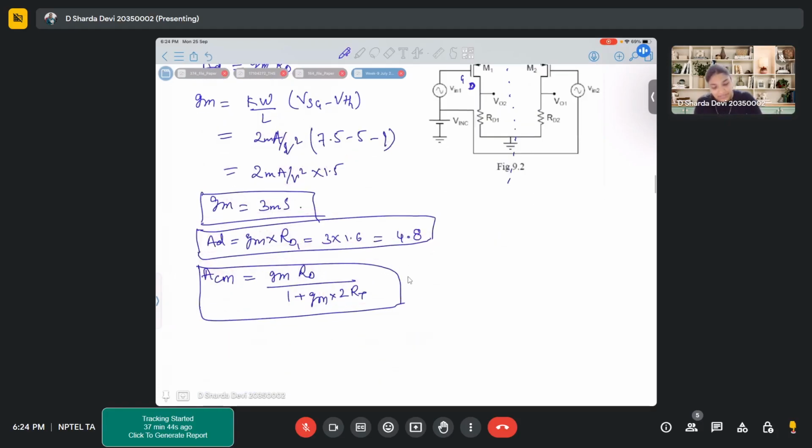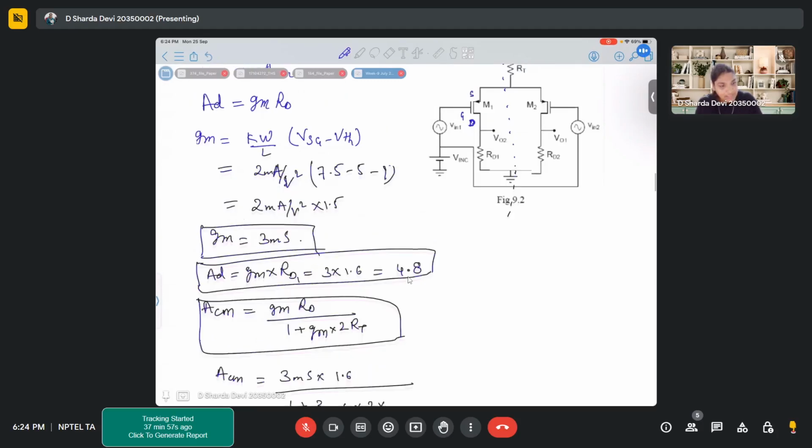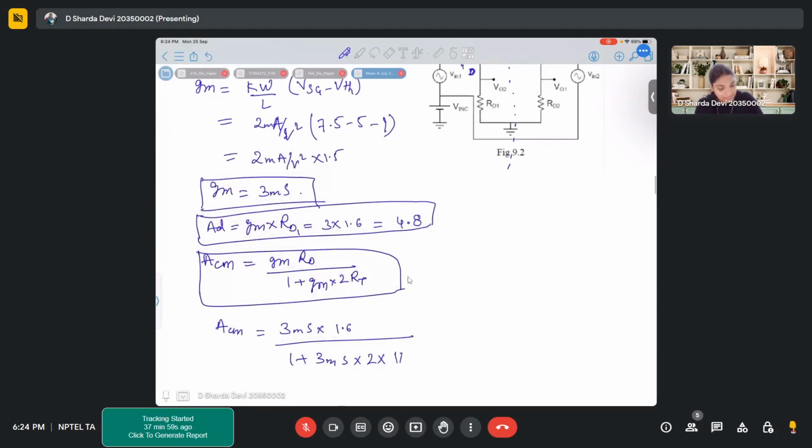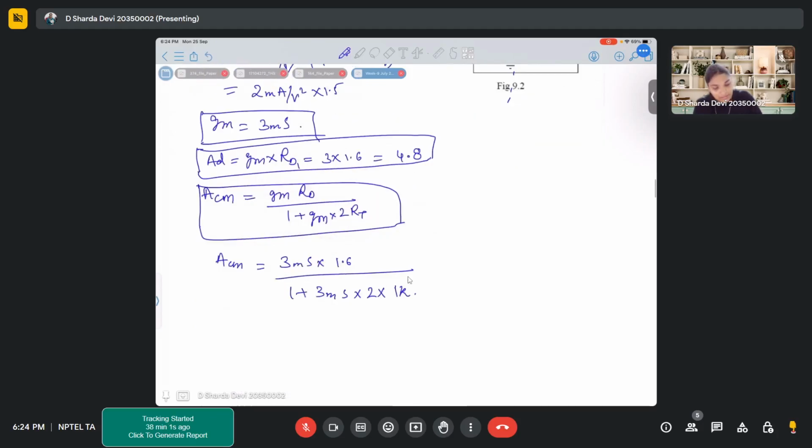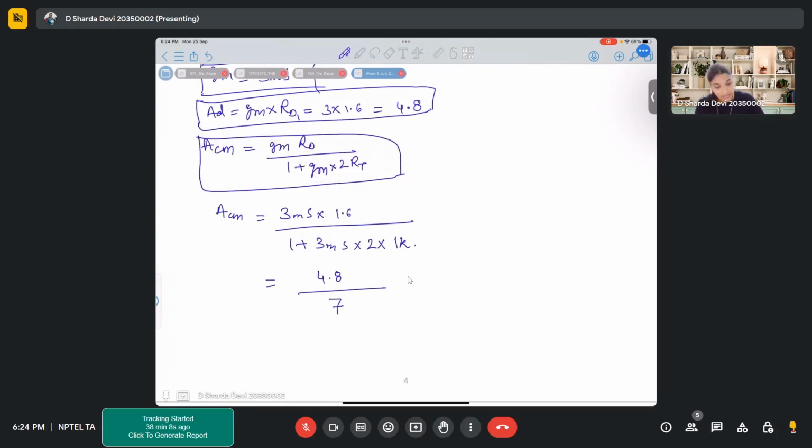Now substituting the values of Gm, that is 3 millisiemens, Rd 1.6, 1 plus Gm, 3 millisiemens, into 2 into Rt, which is 1K. So this is 4.8 by 7. 4.8 by 7 is the ACM that we got.